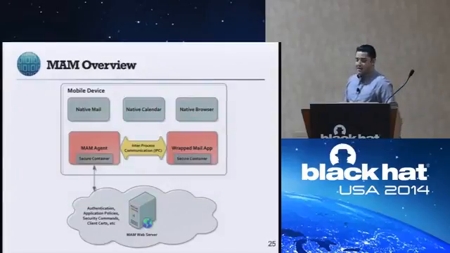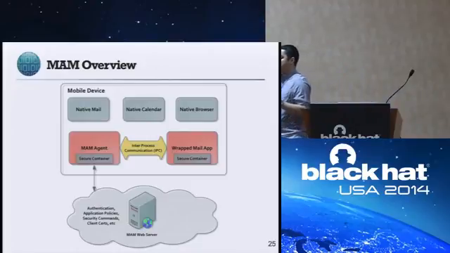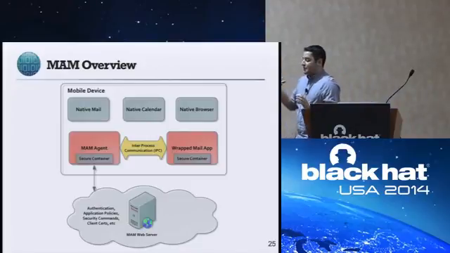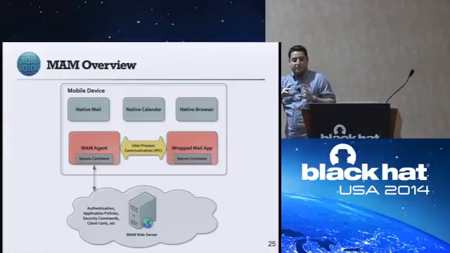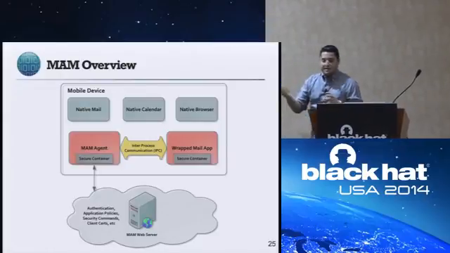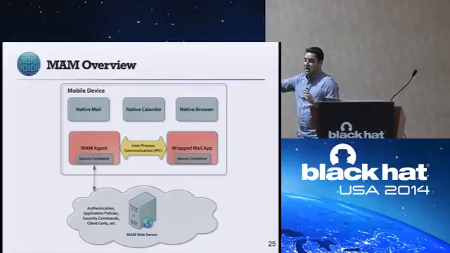So here's another high-level overview, just so you get the big picture. In the MAM world, you're going to have your native apps, your native mail app, your calendar app. That's for your personal use. Great. But then for all the enterprise data or your organization data, you're going to have the MAM agent, and then you're going to have wrapped managed apps.